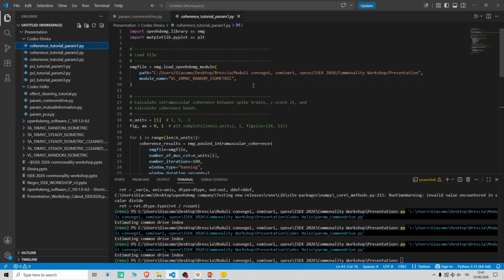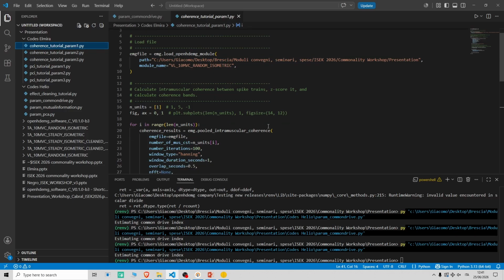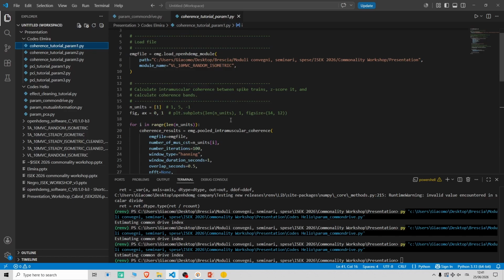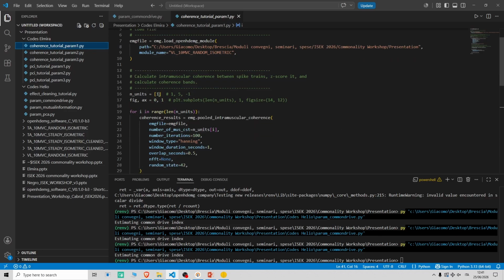The same as the other functions that Helio also talked about, we have our built-in functions inside. The only thing that you need to do is import your EMG file, and the rest of the things have been implemented by default. Here, the only thing that I'm going to play with is the number of motor units.